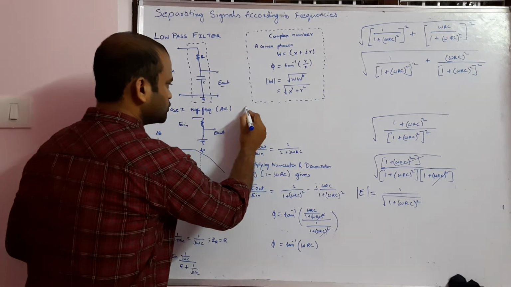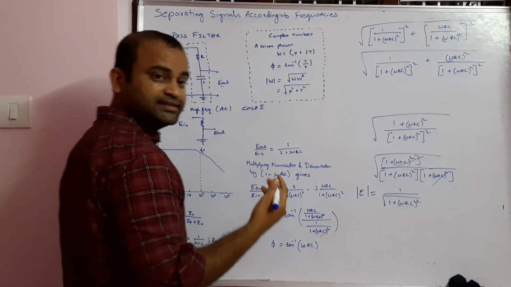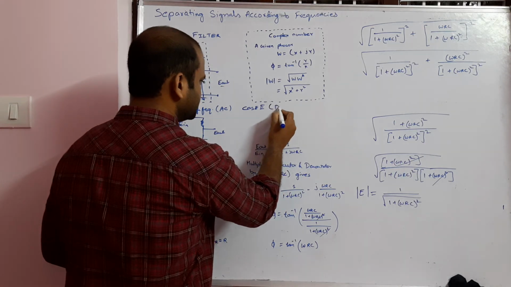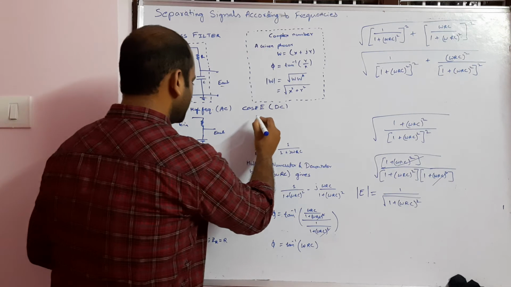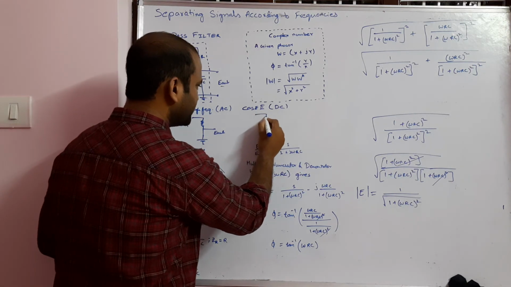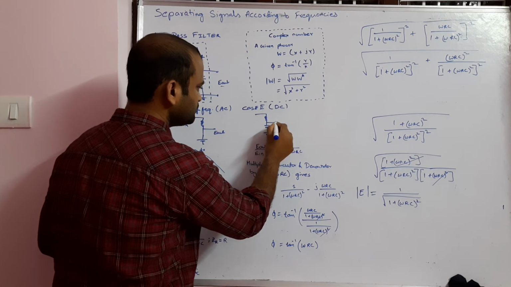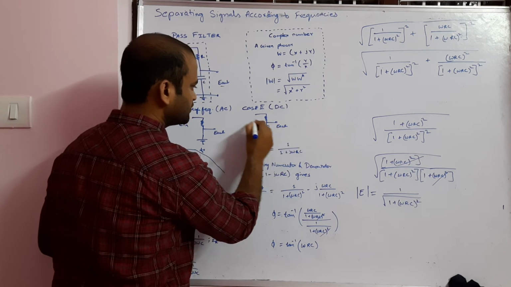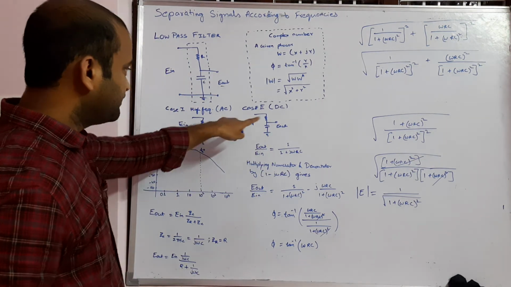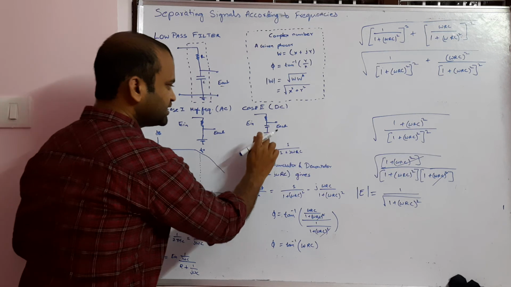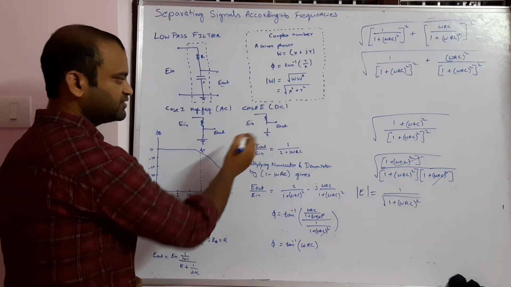Now consider case 2, where the input signal is DC. For the DC component, the circuit is modified this way. Initially the circuit is this, with E out and E in, then for the DC, this capacitor acts as an open circuit to the ground terminal.